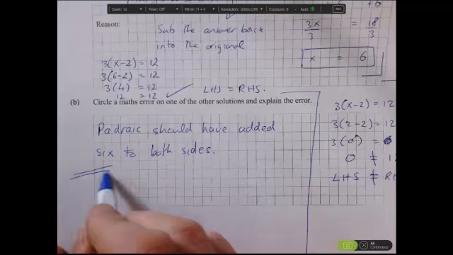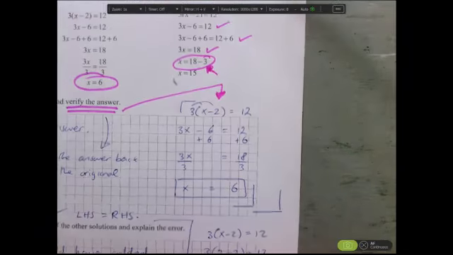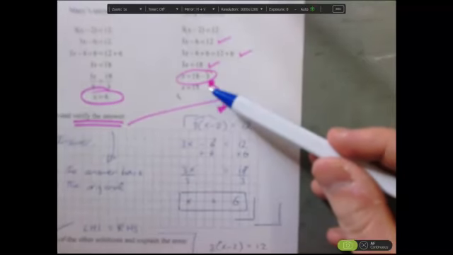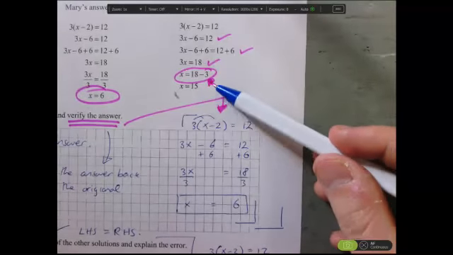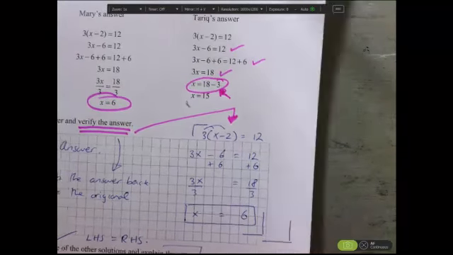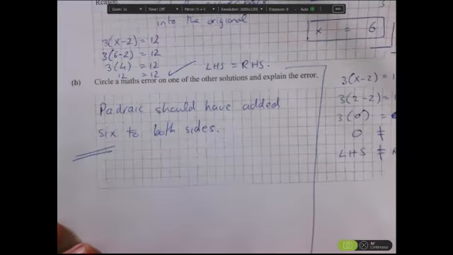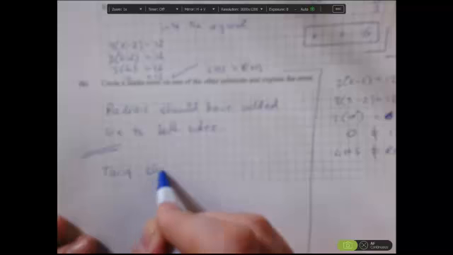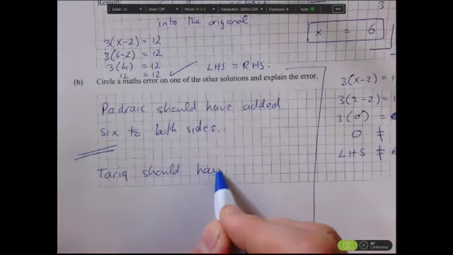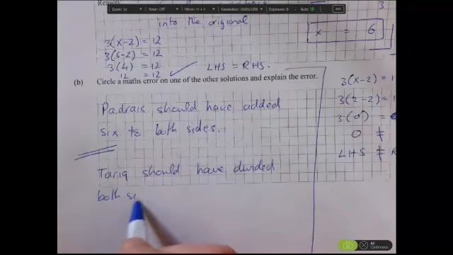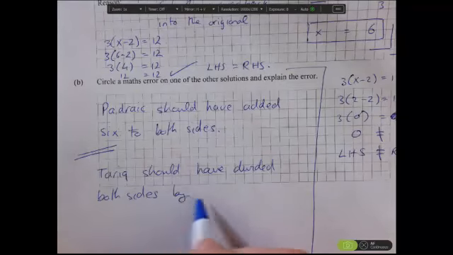If you circled Tariq's answer up here, see it there? Yeah. So if you circle Tariq's answer, where he, instead of subtracting by 3, he should have divided both sides by 3. So you'll just write that down. And that's it. Enjoy.